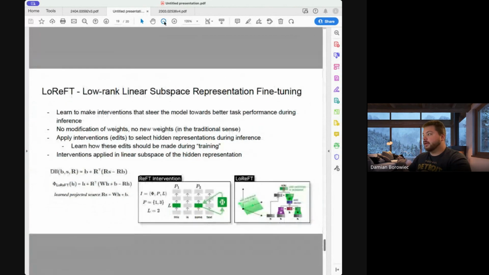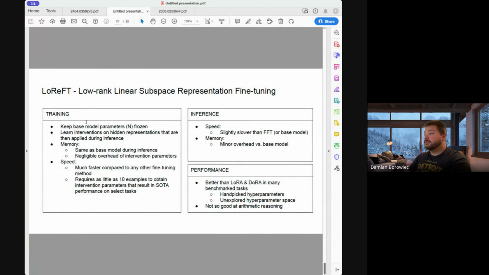So I go back. In terms of training and inference and performance, we keep the model parameters frozen, and then we would learn these interventions that are then performed on the hidden representations of the model. So memory would be negligible overhead, and speed would be much faster. What's really interesting is that it requires very few examples to actually adapt the representation during inference towards some tasks.